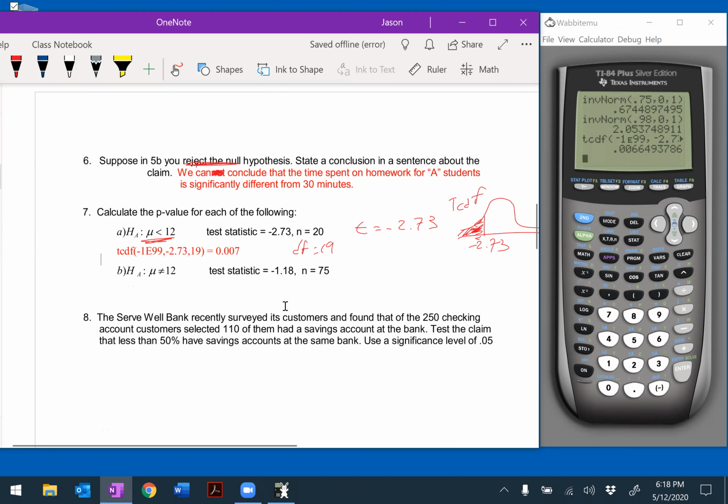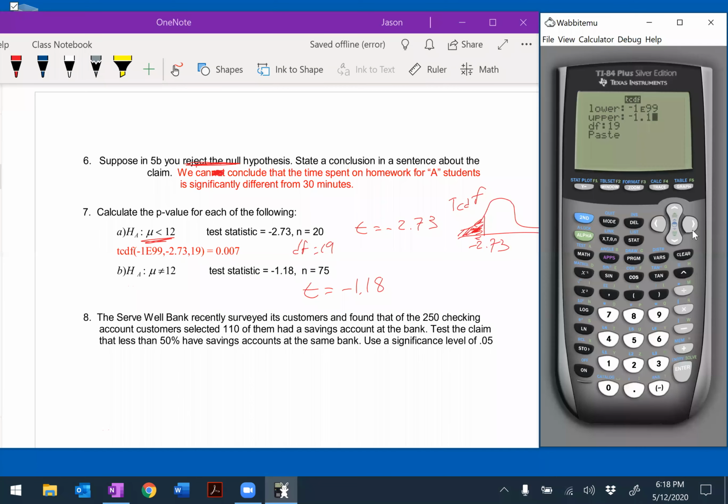Okay, for the next one, same thing. It's a t-score that we're looking at. So this is negative 1.18. I can just do the exact same thing we did before. Go to second vars, a t-CDF. Negative infinity to negative 1.18.